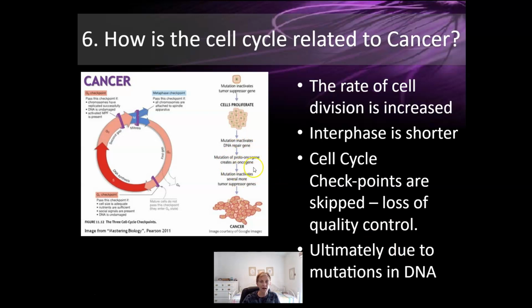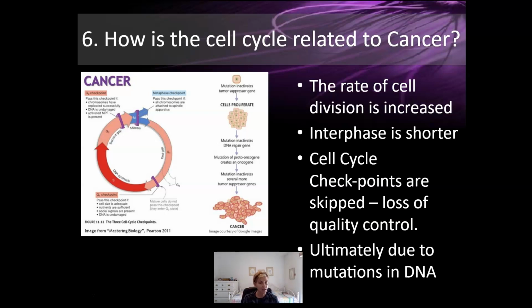You also read about proto-oncogenes and tumor suppressor genes. So those are genes that can play a role in cancer. Proto-oncogenes are supposed to allow for the cell cycle to continue. So if there's damage in that, it's going to continue too often and when it shouldn't.